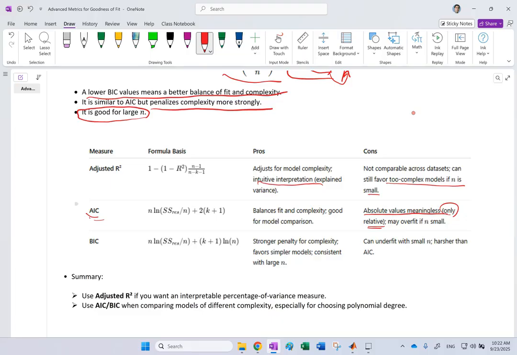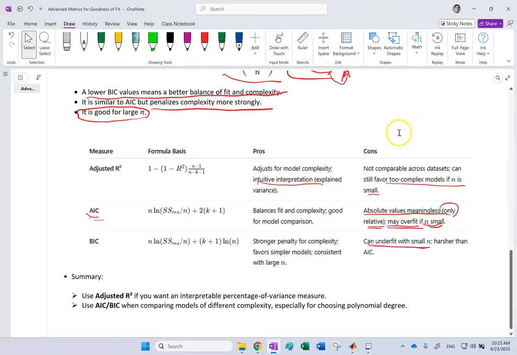And of course, if n is small, this one may still overfit, moving toward a bigger model. So if you basically have small n's, AIC can overfit. On the other hand, BIC can underfit.